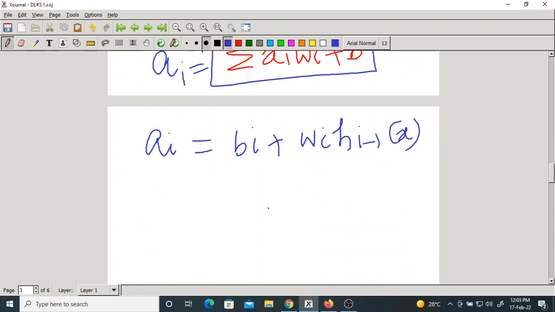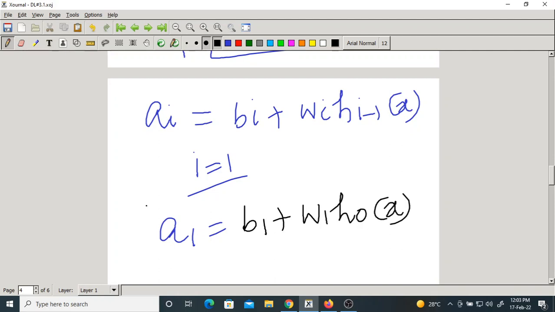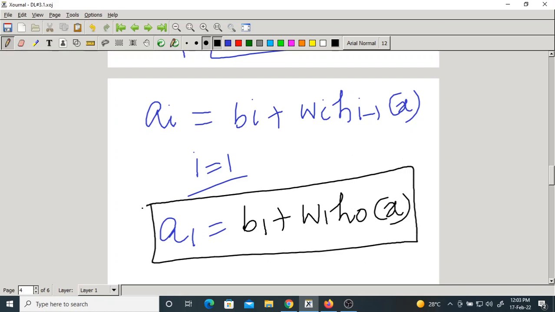Okay. So if I keep i equal to 1 here, A1 equal to B1 plus W1 h0 of x. This is the pre-activation for layer 1.